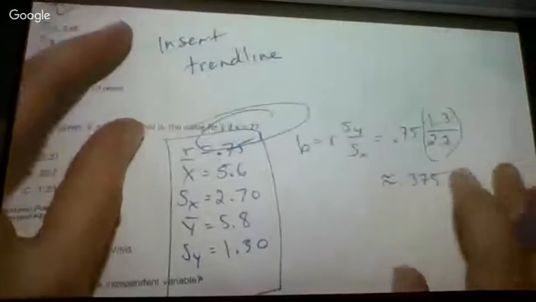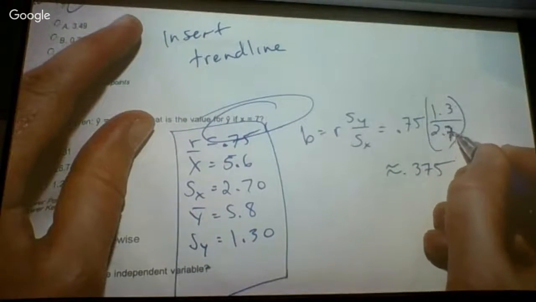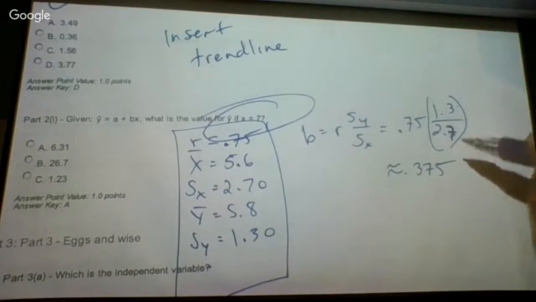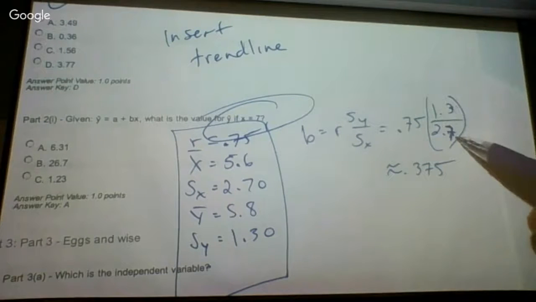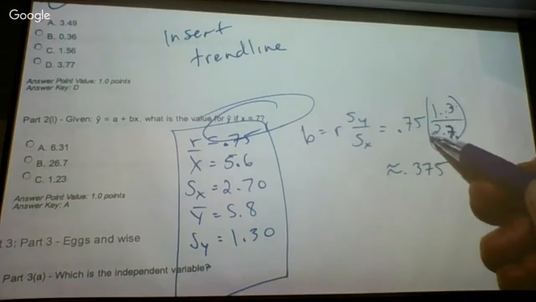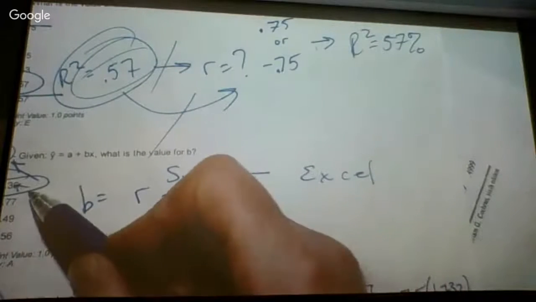I just did some wavy math there. I don't know if that's a technical term, but that 1.3 over 2.7 is about half, just a little less than half. And a little less than half of 0.75 is that value right there, 0.36. But it's also the same value that we found when we mapped that line in Excel.